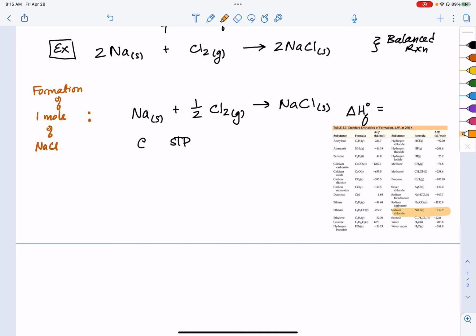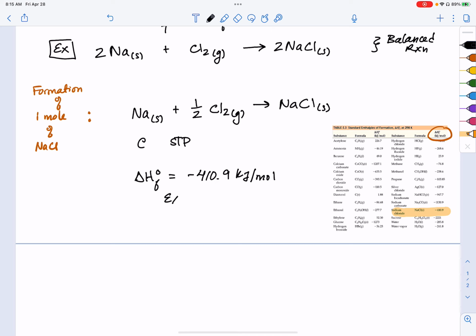And we see that the standard heat of formation, expressed in kilojoules per mole, because it's always relative to 1 mole of substance formed, of sodium chloride is negative 410.9 kilojoules per 1 mole that's formed.